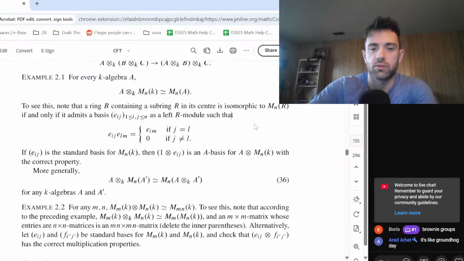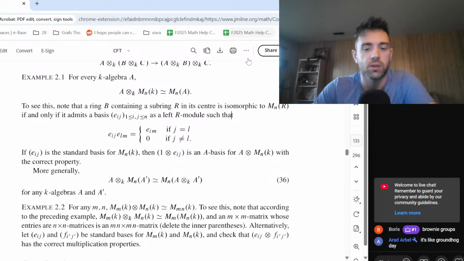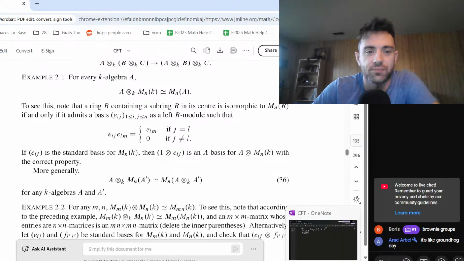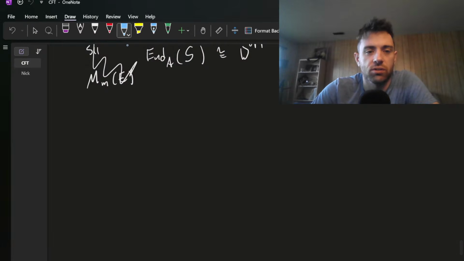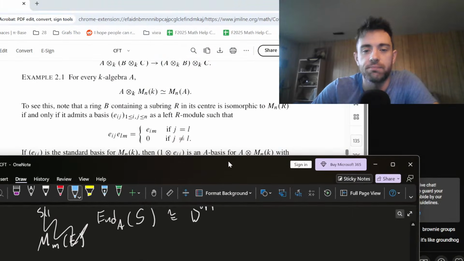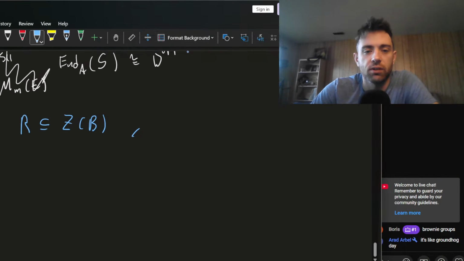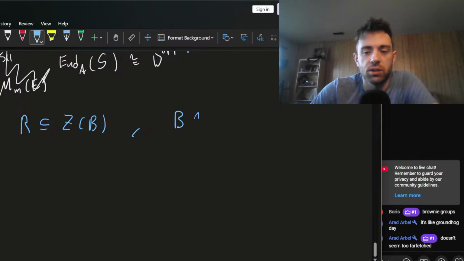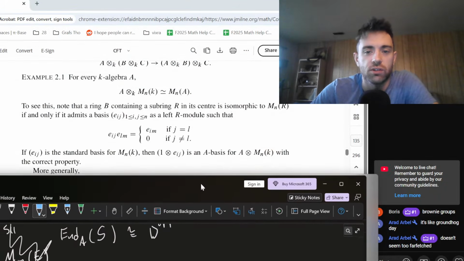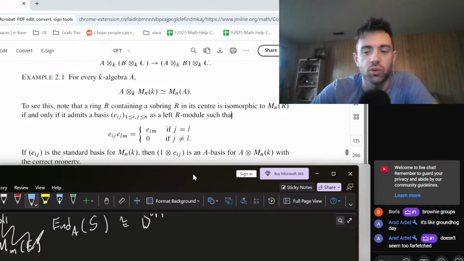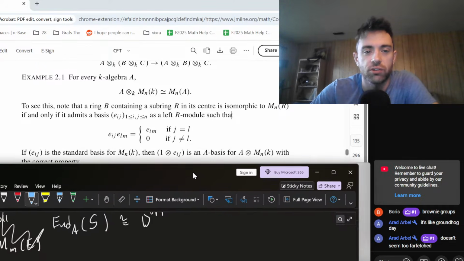Let's maybe do some writing. We haven't done enough writing. If we do some writing, we may not make it to the definition of the Brower Group, but... So let's see. R is contained in the center of B, and then our claim is that B is isomorphic... No, it doesn't seem too far-fetched, but there's so many things that I've just skimmed over, I feel like I need to do more writing in this series.